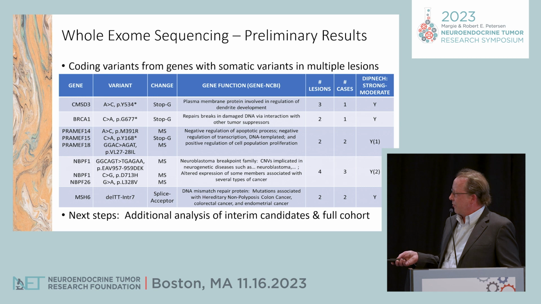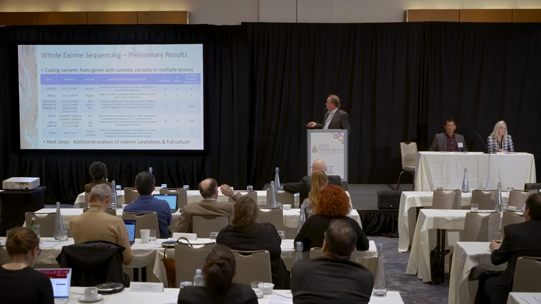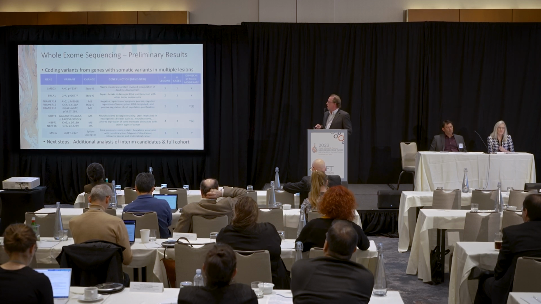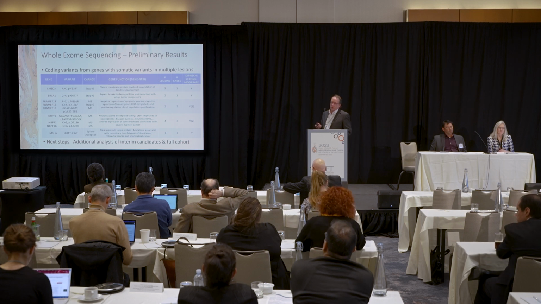And then the MBPF genes that showed some variants are from what is known as the neuroblastoma breakpoint family. It's been associated with fusions in neuroblastoma, and also appears to have some tumor suppressor activity in other tumor types.